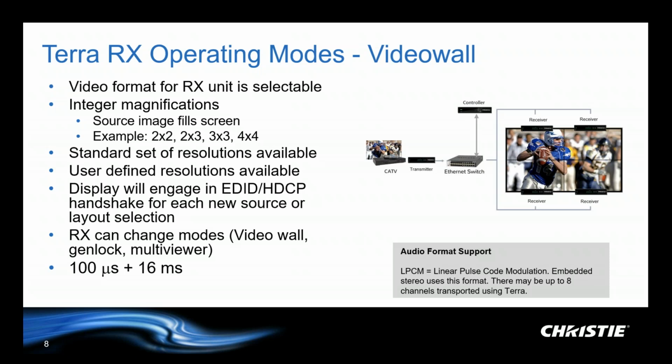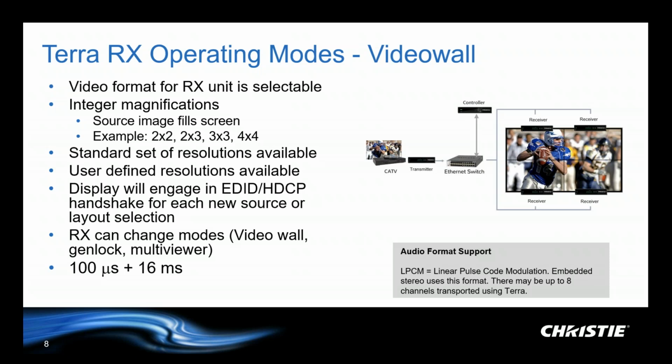And the output resolutions on the receivers can be either standard resolutions, or they can be user defined. So there is in fact a VESA calculator that can be used within the manager software, so you can match the receiver output to the resolution, for example, that you may need on your LED controller. So it doesn't have to be standard resolutions. It can be user-defined resolutions and frame rates.